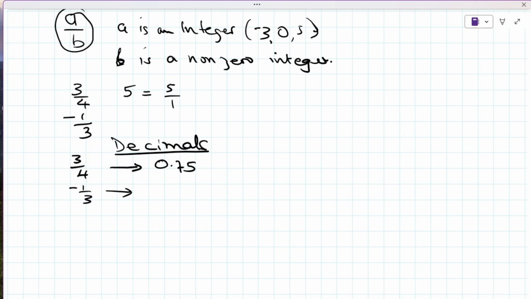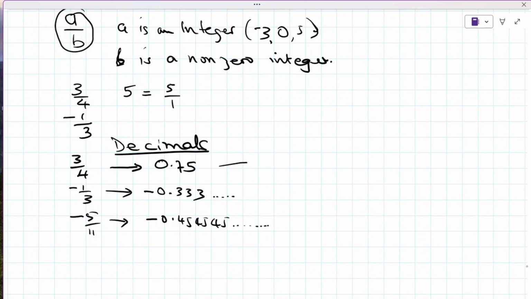This one can be written as -0.333 continuously. And then -5/11 can be written as -0.454545 continuously. So it's important to always distinguish between our decimals.